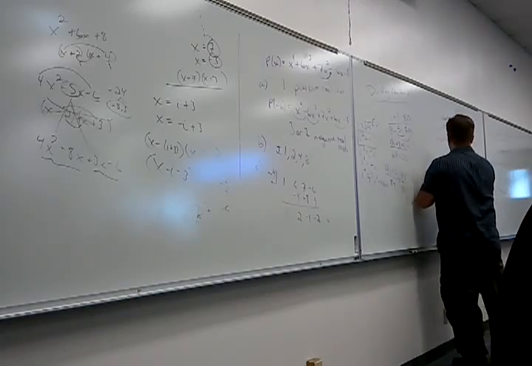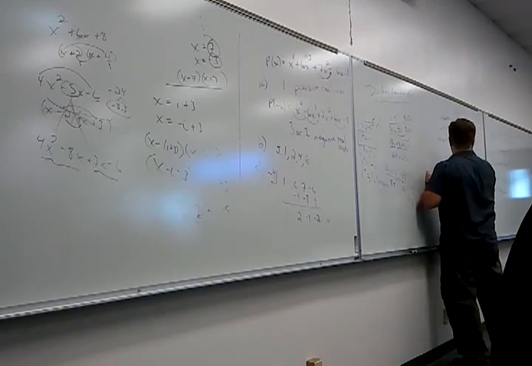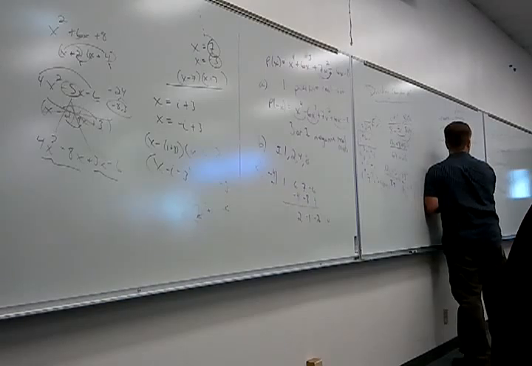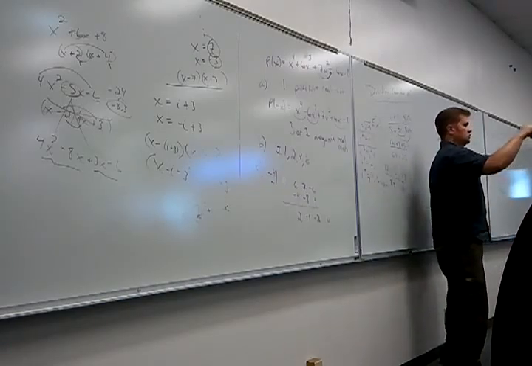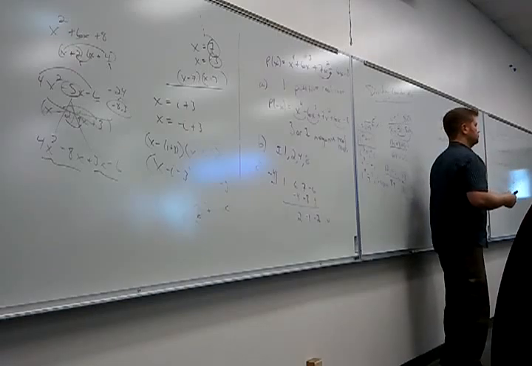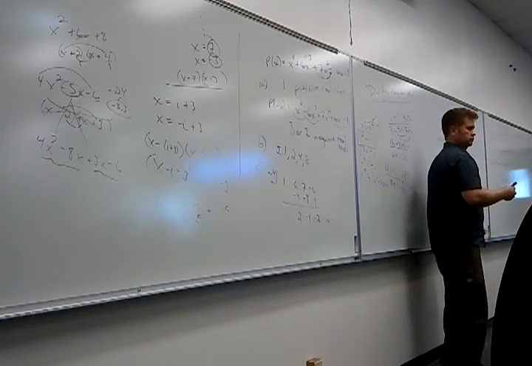So now I get x minus 3 times x squared minus i squared. Minus i squared is minus negative 1, which is plus 1. Then you can multiply that through and be done with it. Cool.